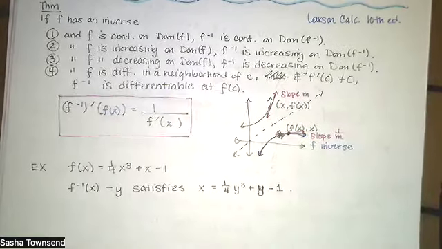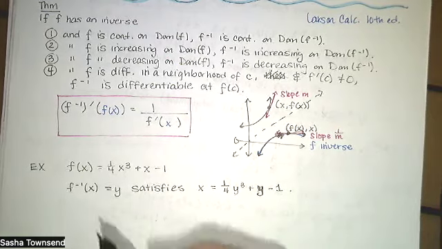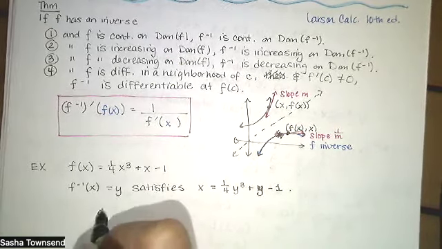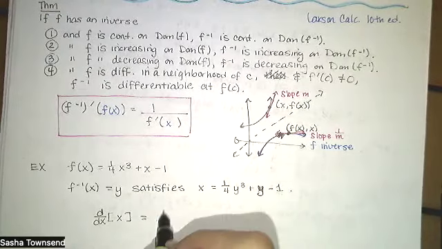And the derivative of that function can be found using implicit differentiation. It's actually an excellent candidate for implicit differentiation. So we could differentiate both sides, assuming that y is a function of x.